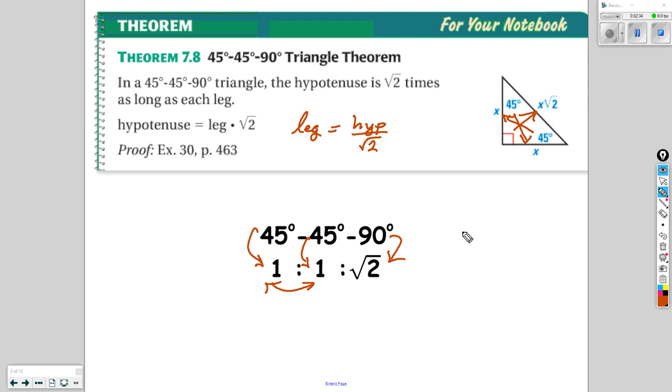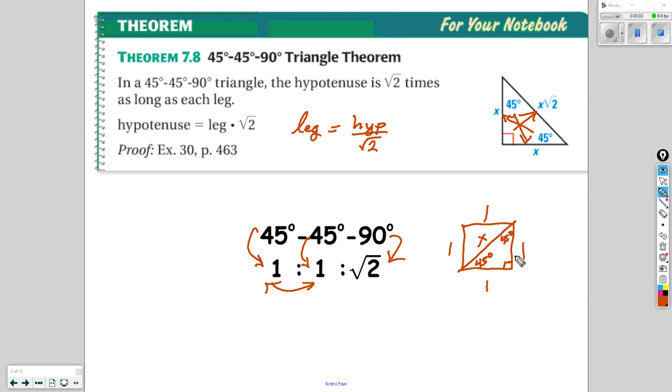Now we find these using Pythagorean theorem. What we're basically doing to get this theorem is we're taking a square, all right, where the side lengths are 1, and we're just dividing that square in half. Okay, if we divide that square in half, splitting that 90-degree angle in half gives us 45. Same thing over here, so there's our 45, 45, 90-degree right triangle. And if we just call the hypotenuse x, we could use Pythagorean theorem to find that hypotenuse.